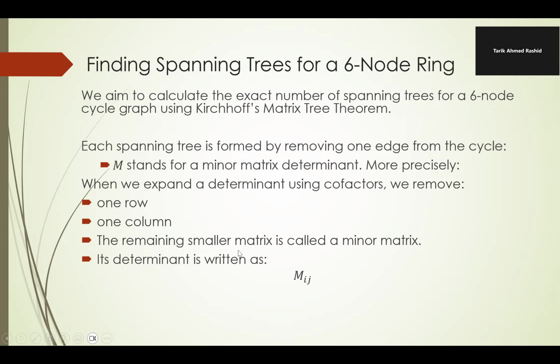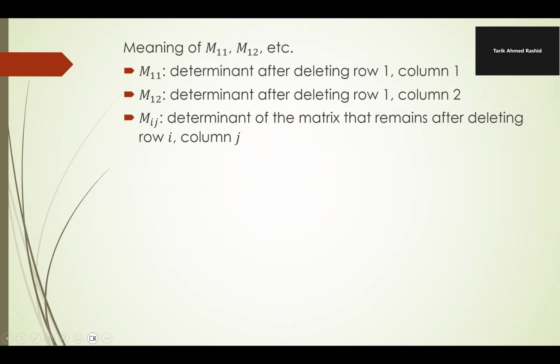The remaining smaller matrix is called the minor matrix, and it is denoted as Mij. So M11, M12, and so on. M11 means the determinant after deleting row 1, column 1. M12 is the determinant after deleting row 1, column 2, for example.